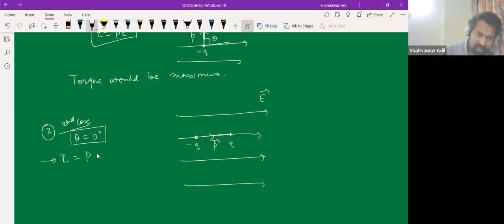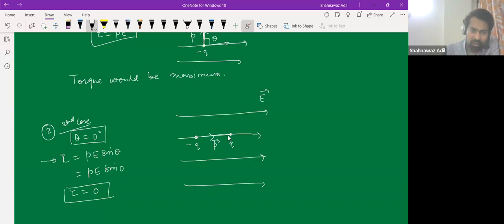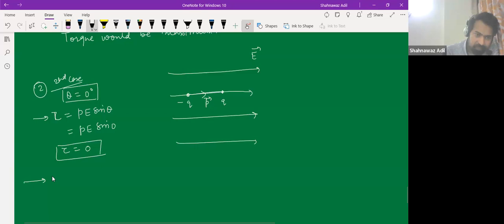Torque would be PE sine theta. So PE sine 0 is 0. So there would be no torque, right? There would be no rotational effect, because we are getting a torque which is 0.